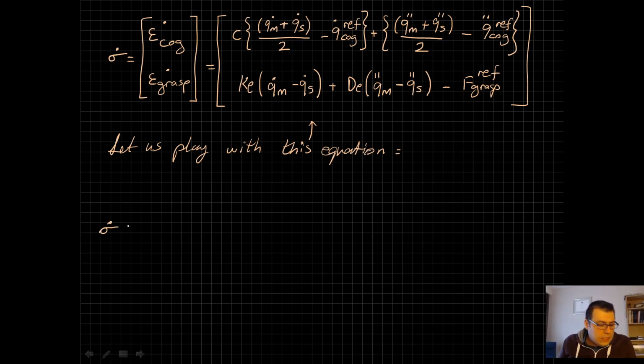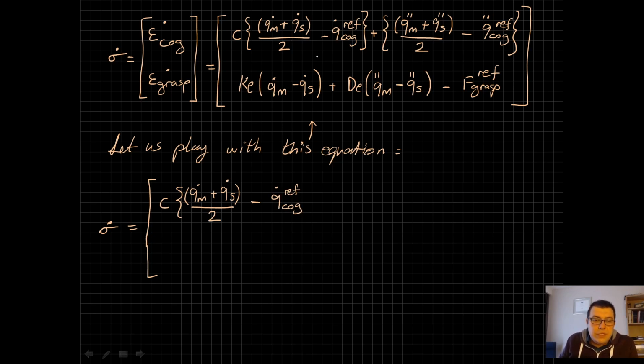Sigma dot is equal to, let me have the brackets here, C times Qm dot plus Qs dot over 2 minus Q center of gravity reference dot, that's the first side of the equation, and I can close the brackets here.